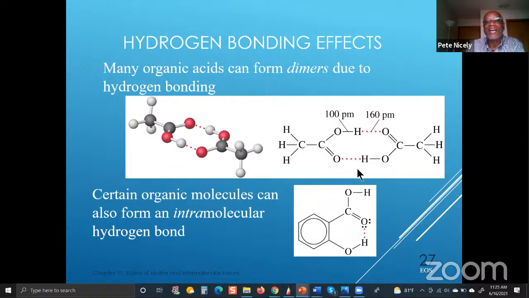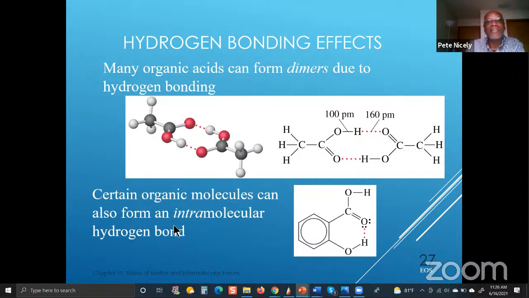And you see that there's hydrogen bonding occurring between this hydrogen and this oxygen and this hydrogen. And this is reflected in the fact that whenever somebody does an experiment to determine the molar mass of acetic acid, in some cases, what you'll find is that the calculated or measured molar mass of acetic acid is double what it should be. And that's because acetic acid doubles up to form dimers in this way due to hydrogen bonding.